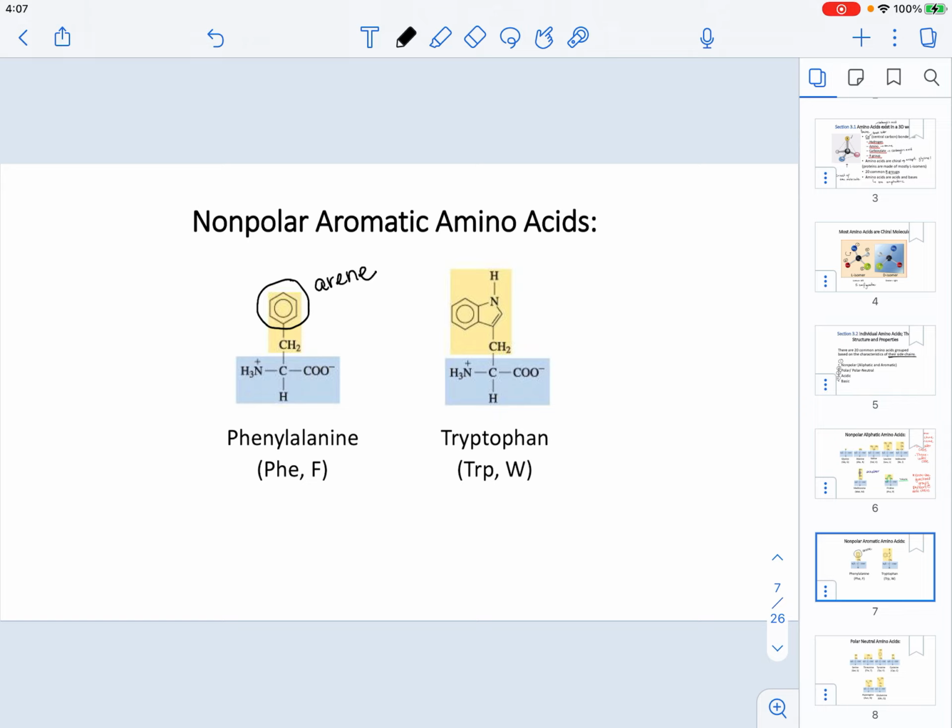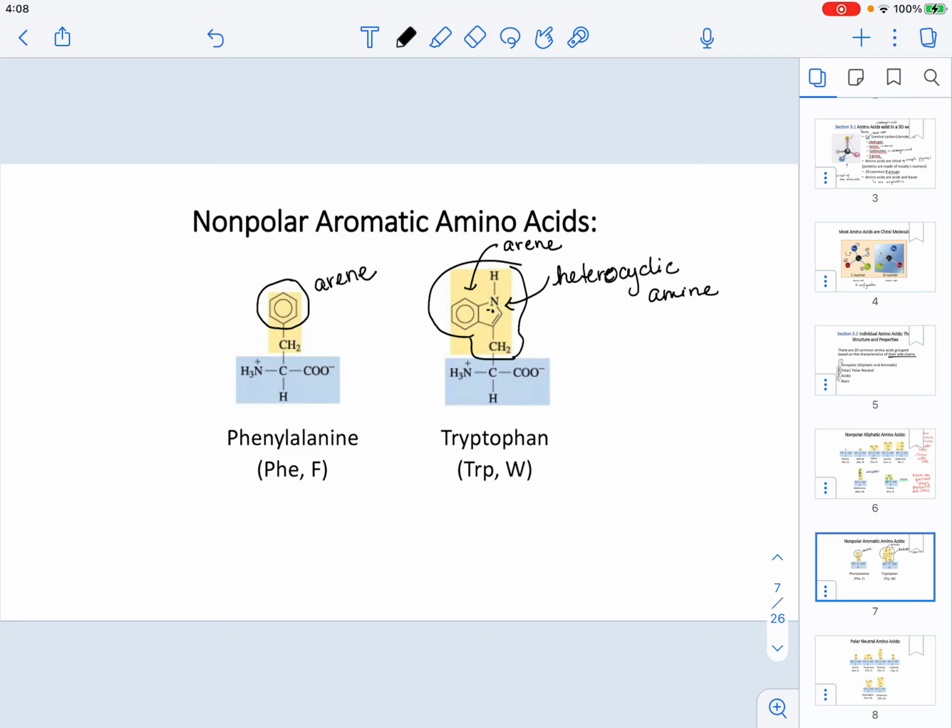And when it comes to tryptophan, and we observe its side chain, which includes the CH2, specifically at the side chain, this is going to be composed of an arene, and even though it has a heterocyclic amine, the lone pair in that nitrogen is not involved in any basicity.